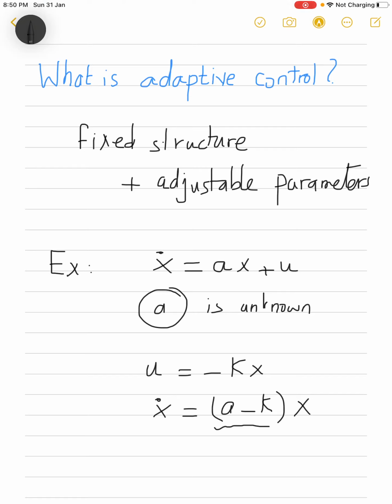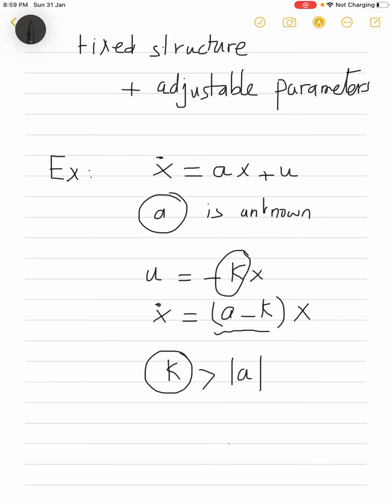Of course, the condition for stability is that k should be greater than the magnitude of a. So if a is unknown, then I can't really choose a proper k that would ensure stability for all possible cases. The adaptive controller that would stabilize this system irrespective of the value of the unknown constant a would be given by the relations u again equals minus kx. However, the value of k is calculated from the differential equation k dot equals x squared.